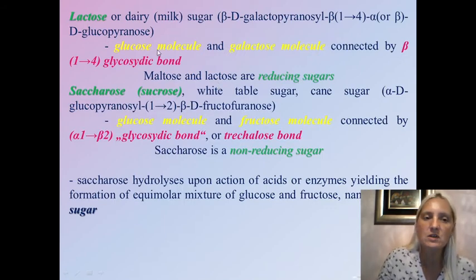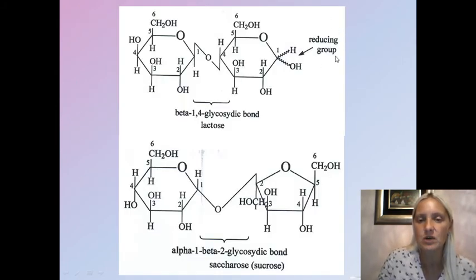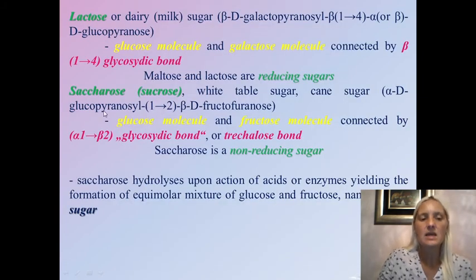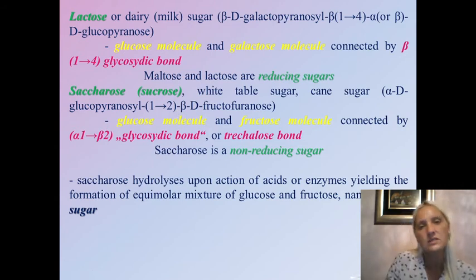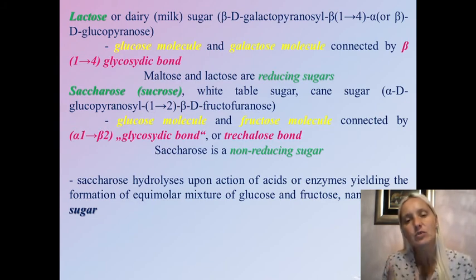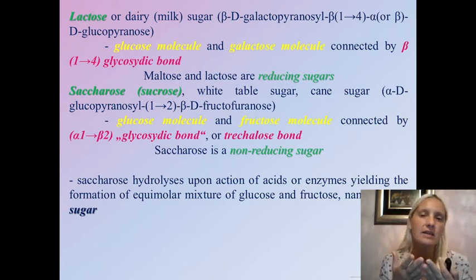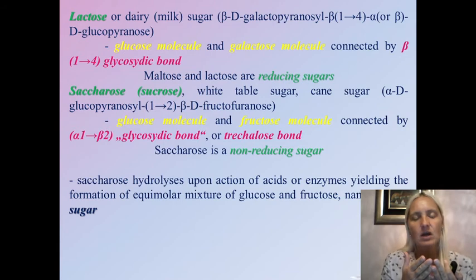Those 2 sugars, maltose and lactose, are so-called reducing sugars because in lactose as well we have a free semiacetal group. But speaking about the sucrose molecule, or white table sugar or cane sugar, it consists of a molecule of glucose and a molecule of fructose, but they are connected by the trehalose bond, also called the alpha-1,beta-2 glycosidic bond.